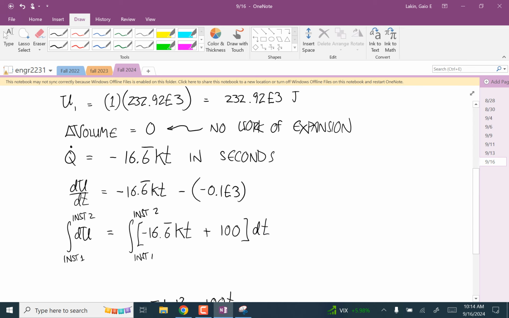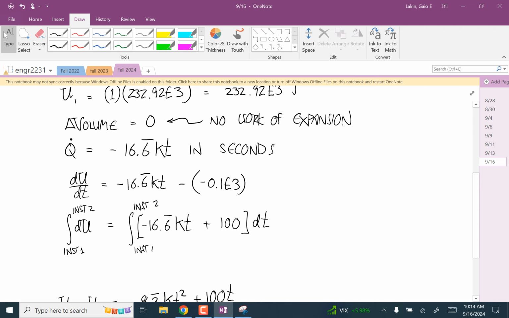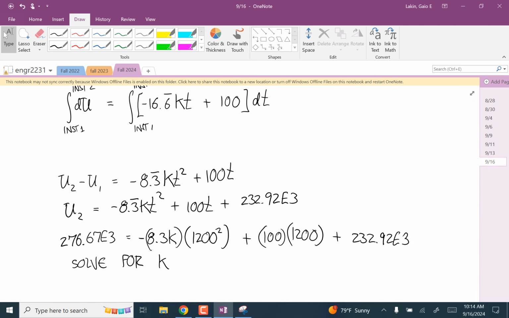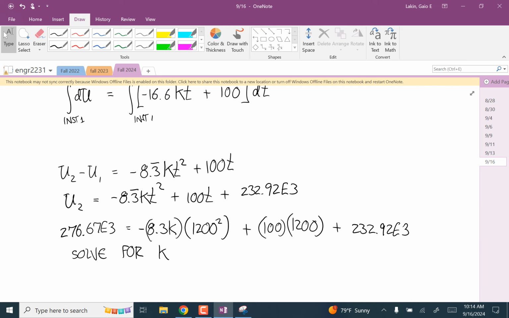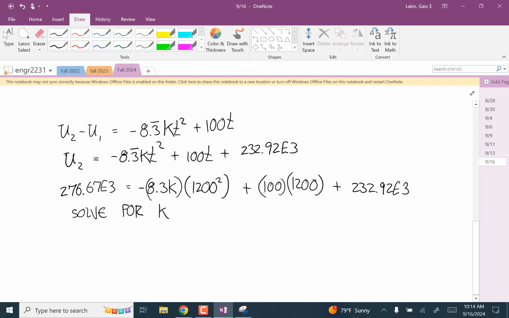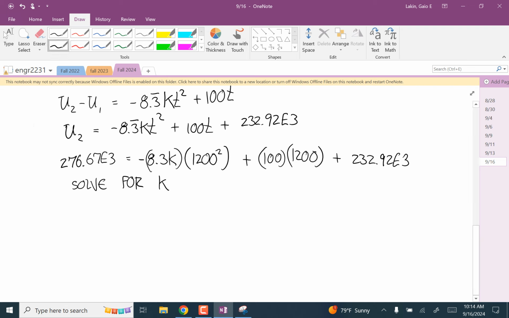Okay, so you can always think of it this way: if you are integrating some variable, I'll call it M, this is any variable, you can integrate it thinking of it at some initial instant and some later instant.